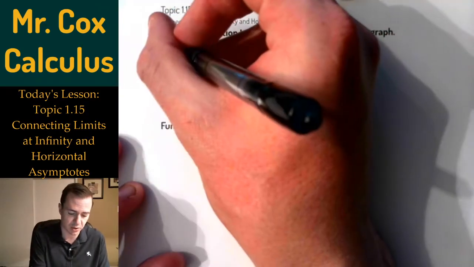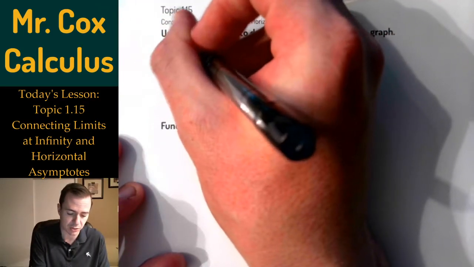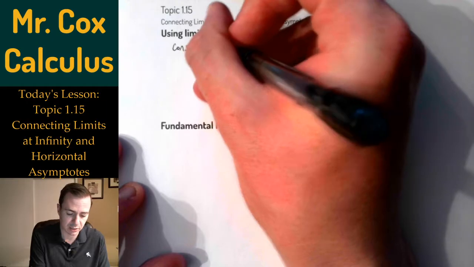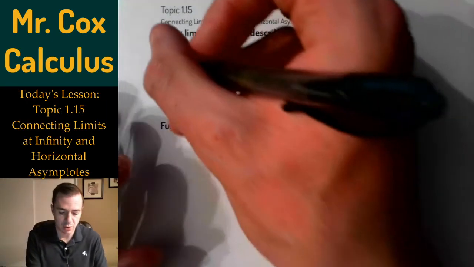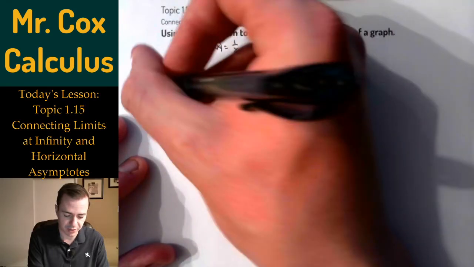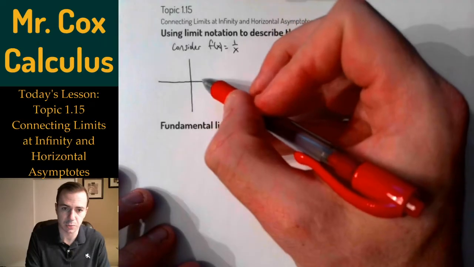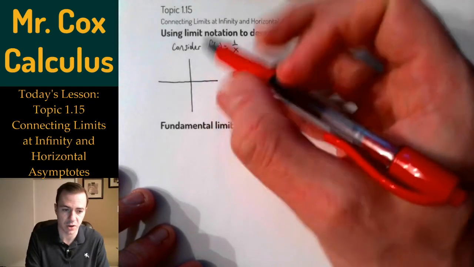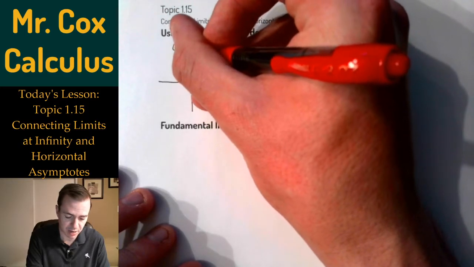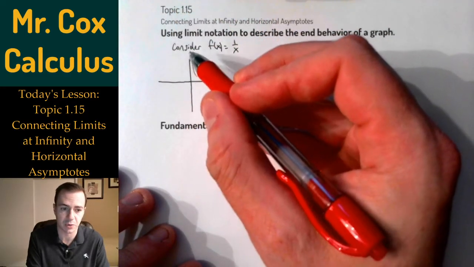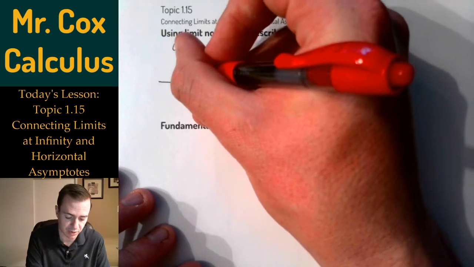And so let's take a look at just the parent function for rationals, f of x equal to 1 over x. And remember, when we take a look at a graph of this function, what's happening is, as x is getting really small, in fact, we focused on what happens at x equals 0 quite a bit, I'm getting this kind of behavior right there, where as x is going to 0 from the right, I'm going to infinity.